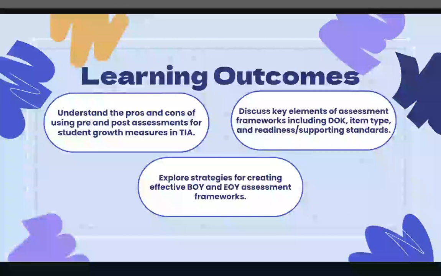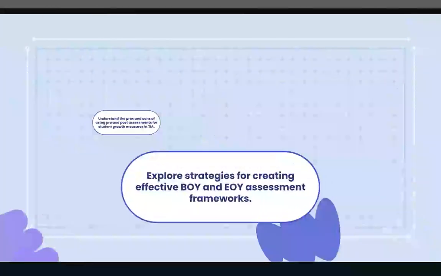We also want you to think about, whether you're in TIA or not, or utilizing pre and post assessments, when you're designing an assessment blueprint, what are some of those key things that you should consider, those elements that will help that blueprint and therefore that assessment to be effective and successful? And then think through those strategies for those assessment frameworks and how you can develop them yourself, or maybe some resources that we've curated at Region 10 that can help you. So those are our outcomes for today. Let's get started.